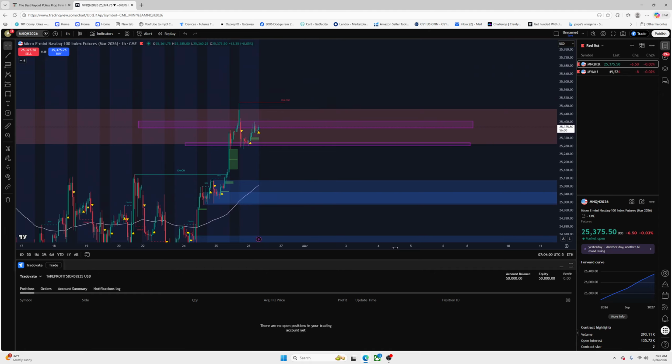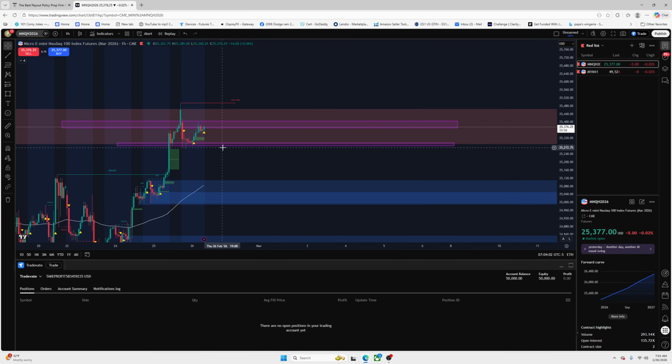Like I said, this is what we're looking for here. We got a fair value gap here. We're looking for price to maybe come down into this fair value gap. I want to try to see if I can draw that a little bit bigger.